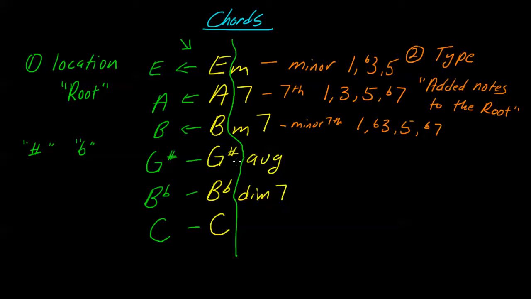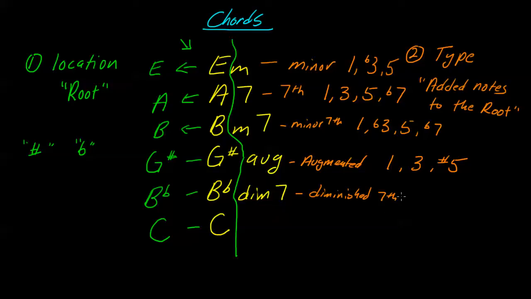Okay, this G sharp augmented chord. This is an augmented chord. That's the type. And all augmented chords include the notes 1, 3, and a sharp 5. B flat diminished 7th is a diminished 7th type of chord.